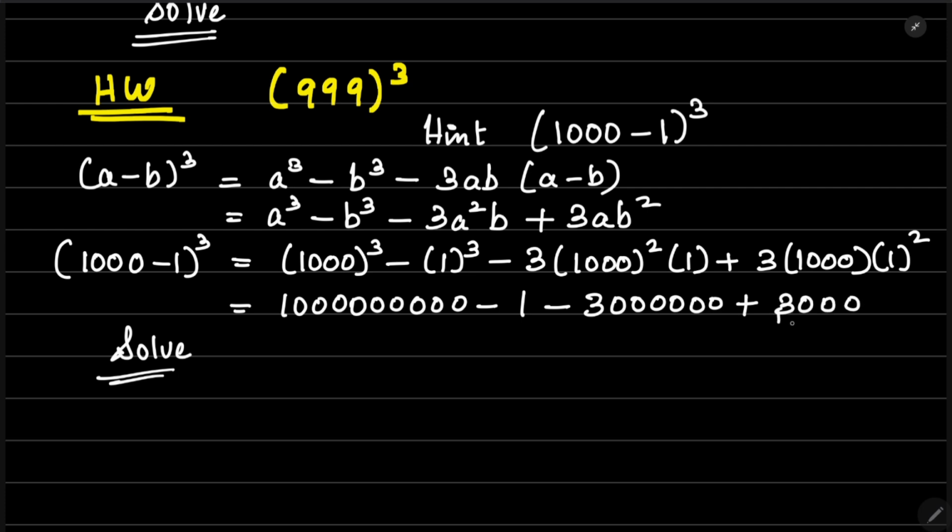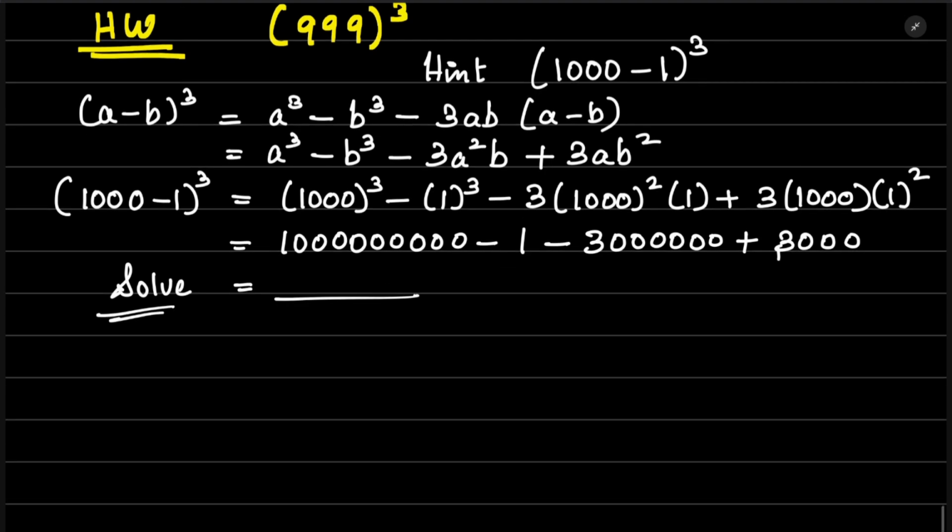Correct? This is 3000. So you'll have to just subtract it. Okay, so whatever answer you're getting, that will be your final answer, right? So I hope you have all understood about a plus b the whole cube and a minus b the whole cube.